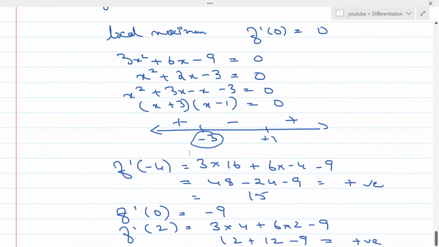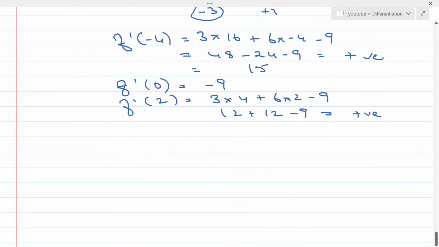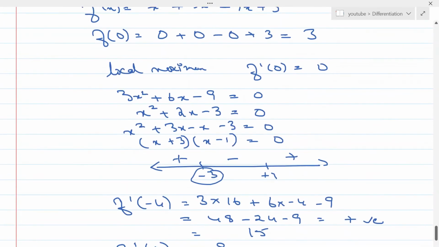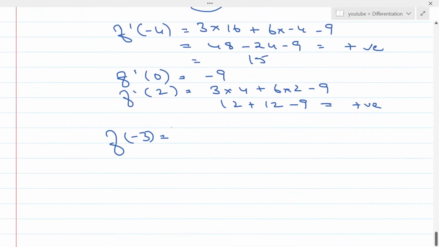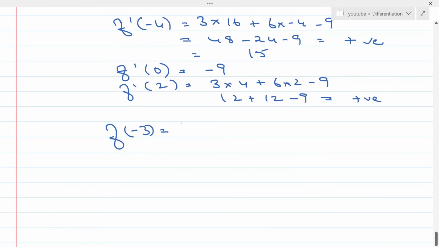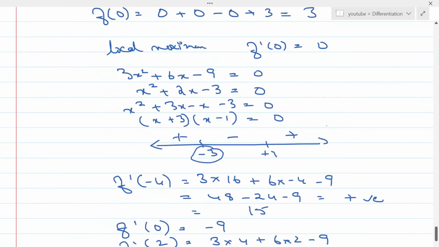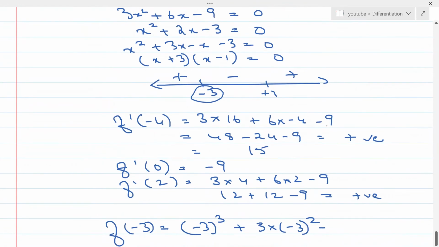So the local maximum coordinates are, my x value is −3. So I'm going to find f(−3). And my function is x³ + 3x² − 9x + 3. So x³ would be (−3)³ plus 3 times (−3)² minus 9 times −3 plus 3.